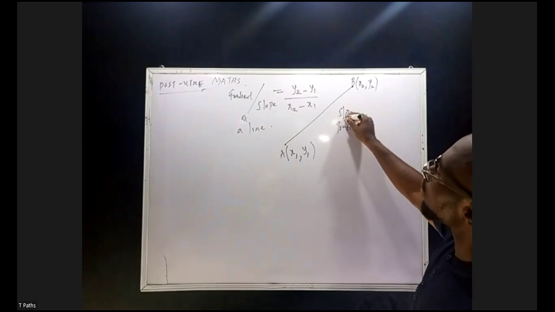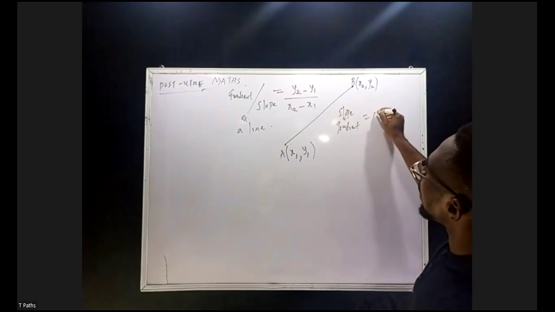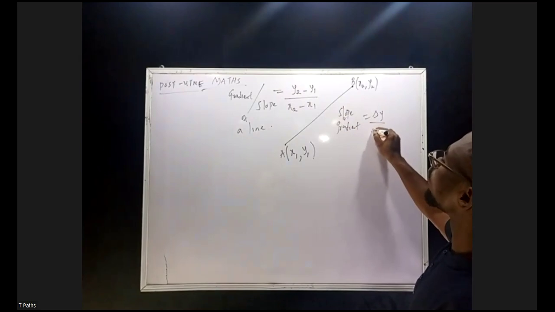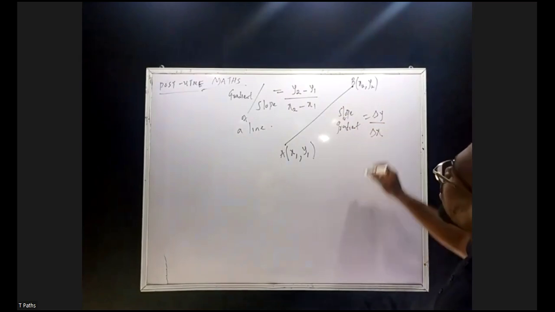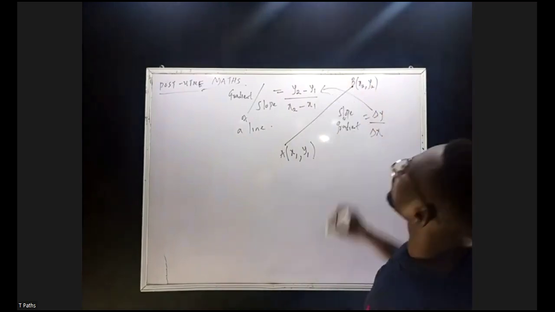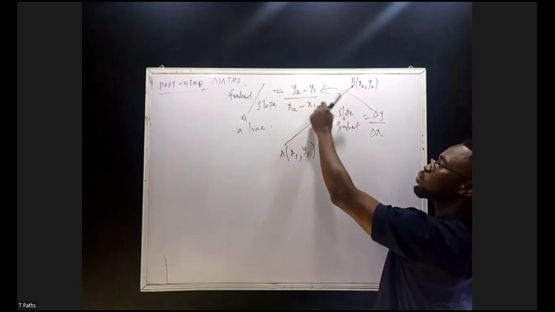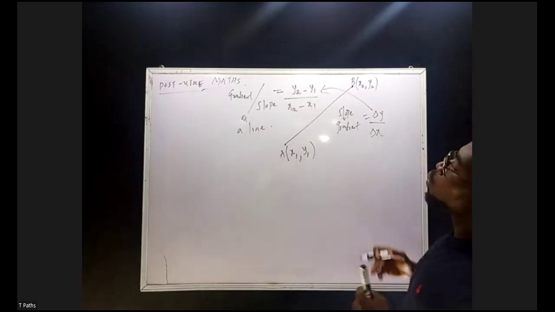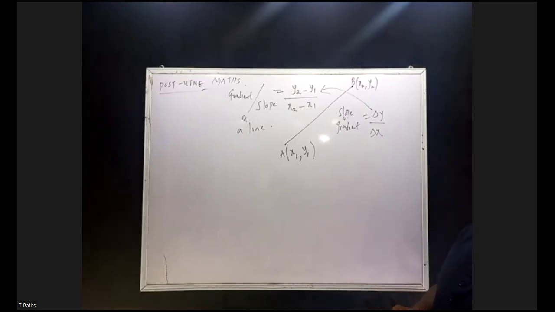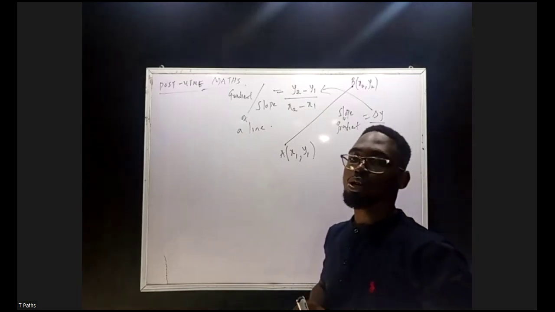This gradient, otherwise called slope, you usually call it change in y over change in x. It is the same meaning as y2 minus y1 divided by x2 minus x1.